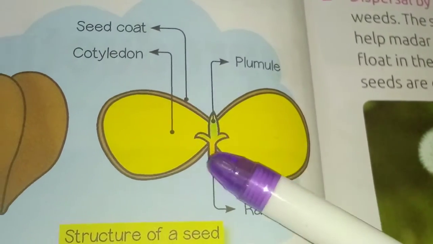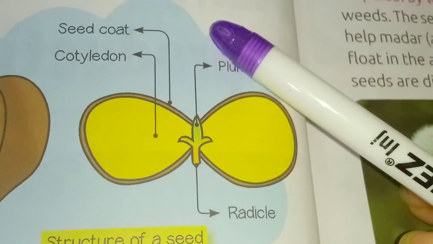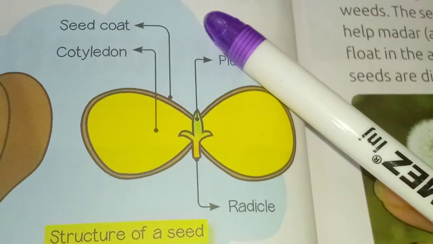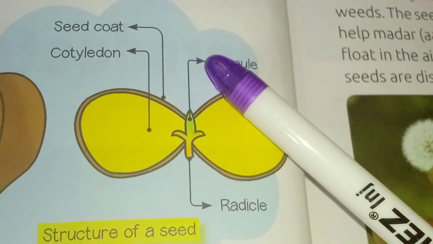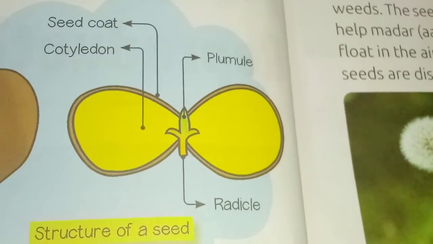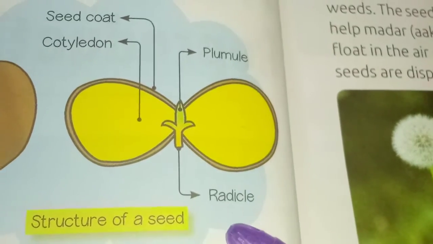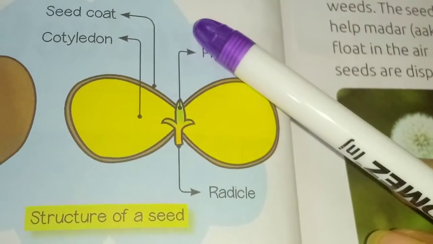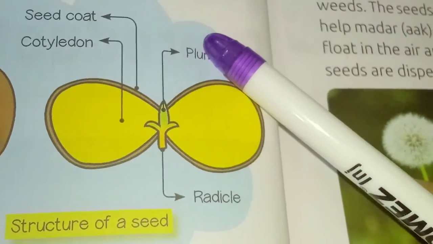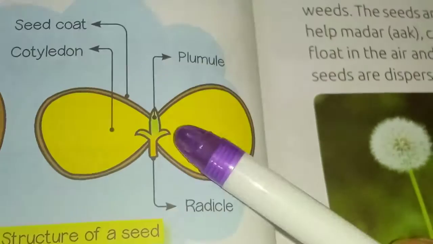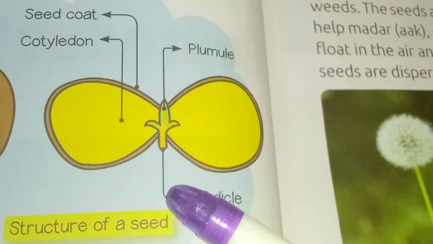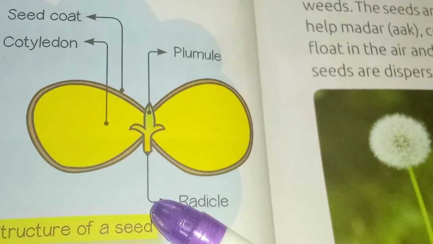The plumule comes out of the ground and develops into the shoot system, and the radicle grows under the soil and forms the root system.